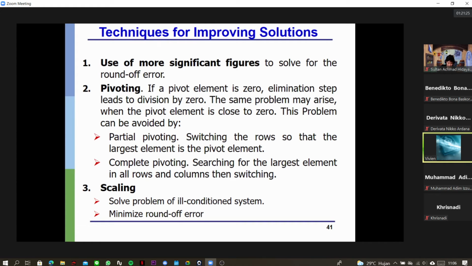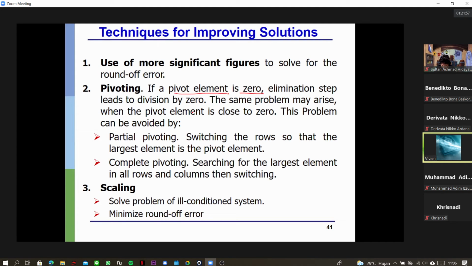The second is pivoting. Pivoting means switching the rows. If a pivot element is 0, the elimination step leads to division by 0. The same problem may arise when the pivot element is close to 0. So the main aim here is to avoid a zero value as the pivot element.